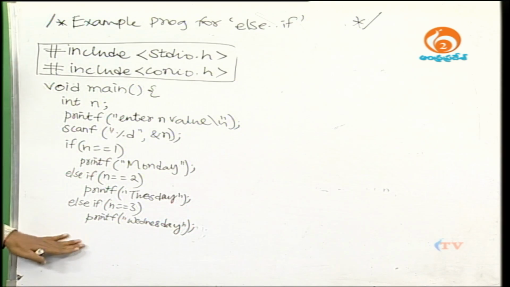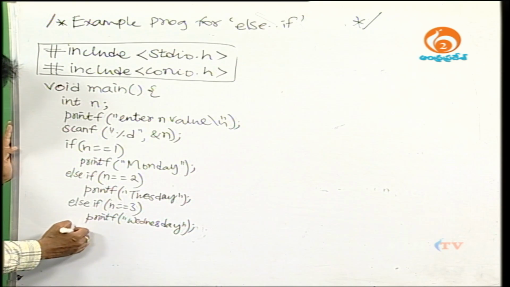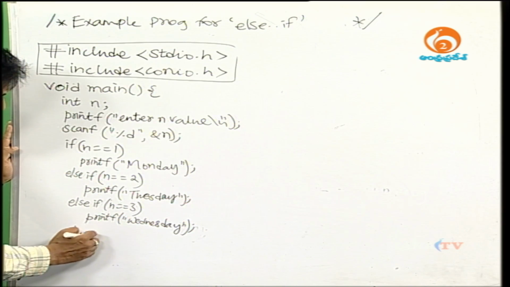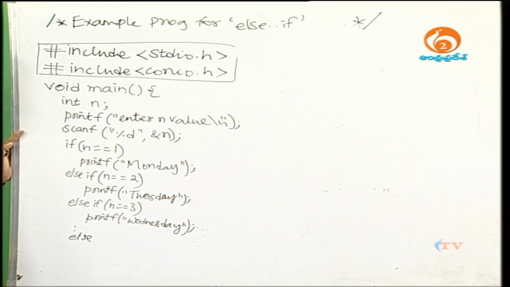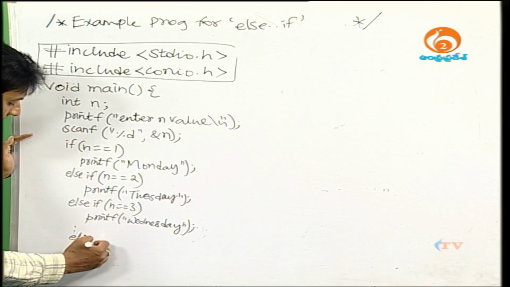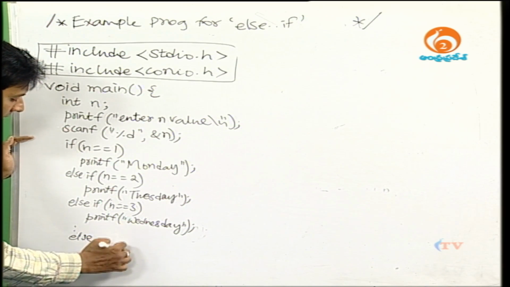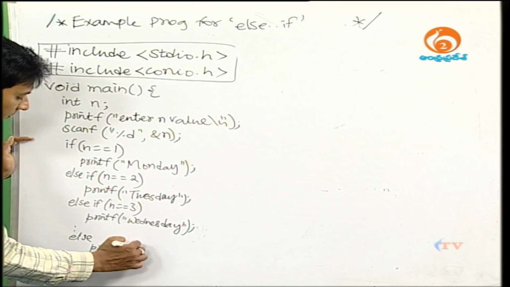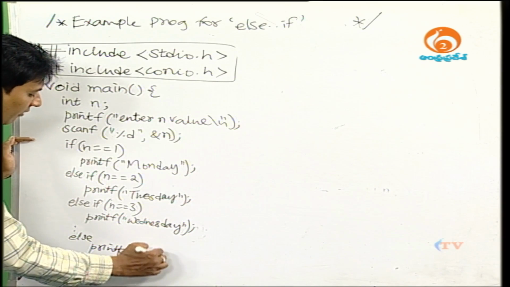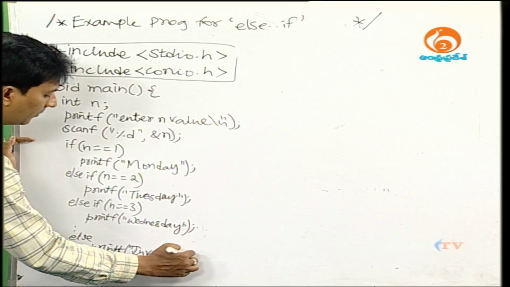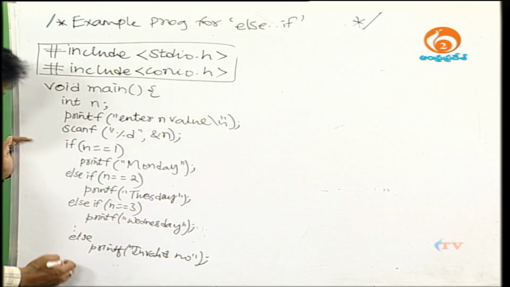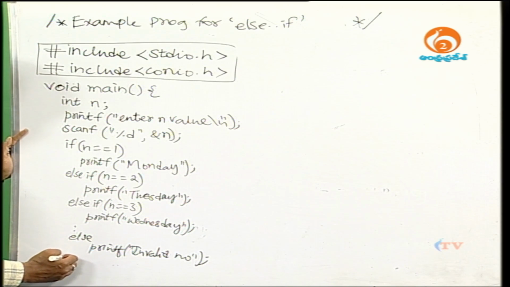Okay. So on you can write. Else, last I am writing, means after 6 or 7, else printf invalid number, closing the braces, end of the program.